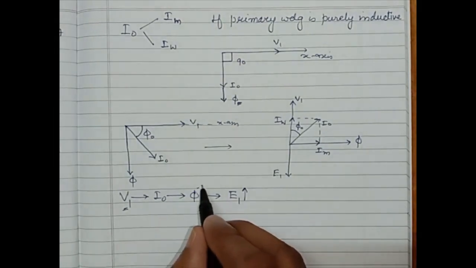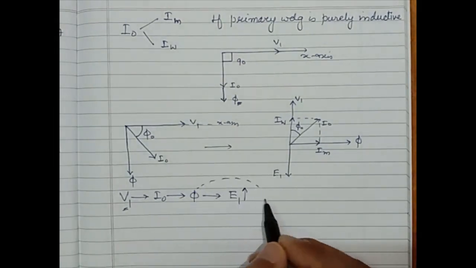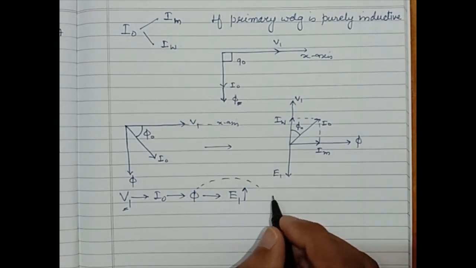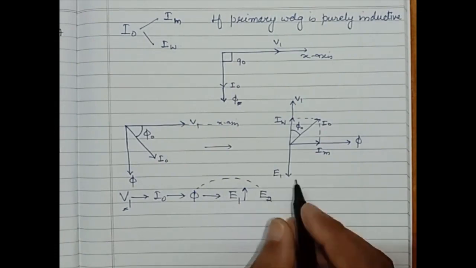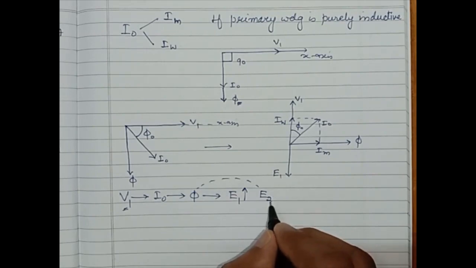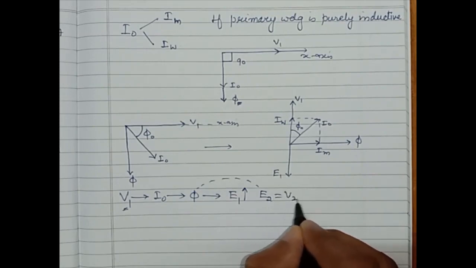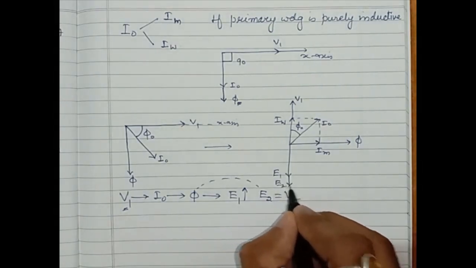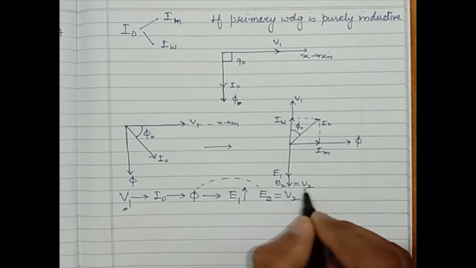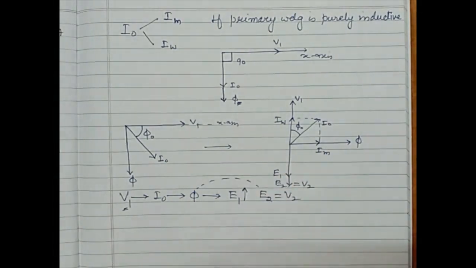When this flux is linked with the secondary winding, it sets up another EMF, the secondary induced EMF E2, which is equal to V2. Suppose it is greater than E1. So this is the complete phasor diagram for this practical transformer on no load.